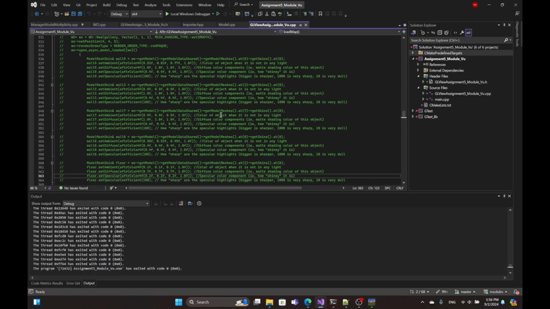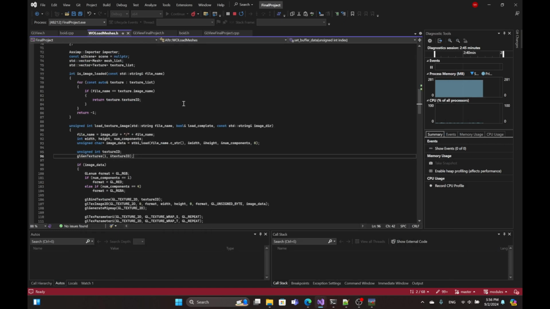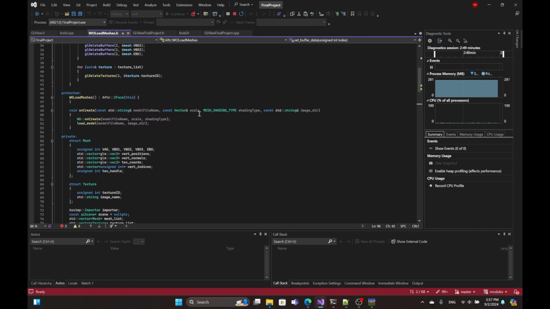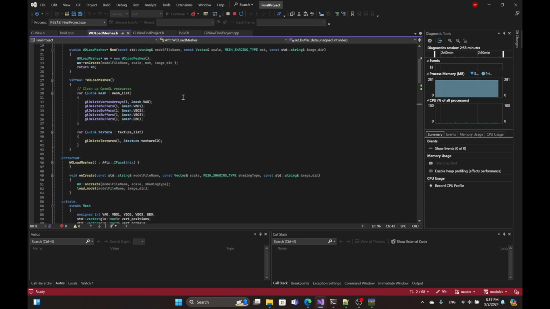However, what I did was I wrote this class right here that basically has the ability to load a different texture image for 3D models.